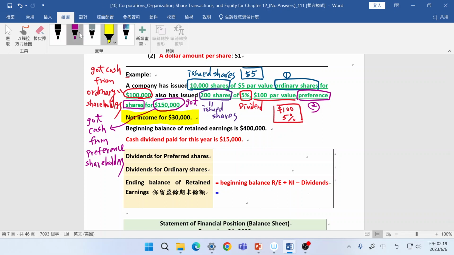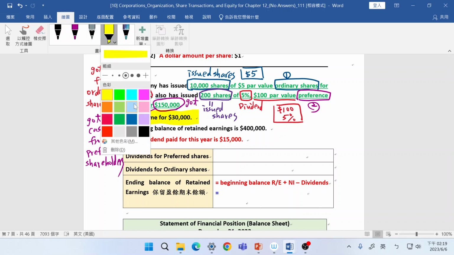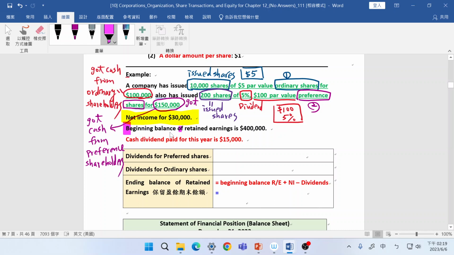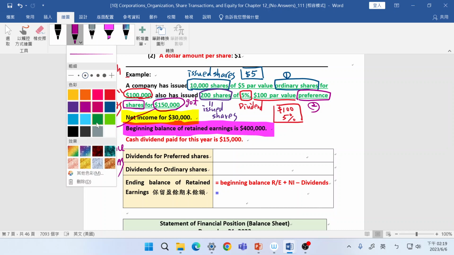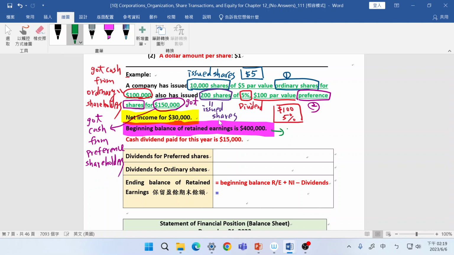So that's why here it told you the beginning balance of retained earnings, because we are going to use it to compute our ending balance of retained earnings.